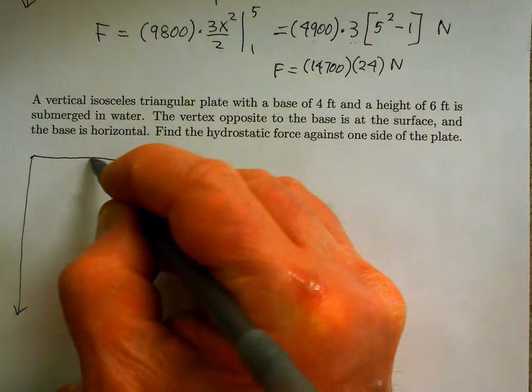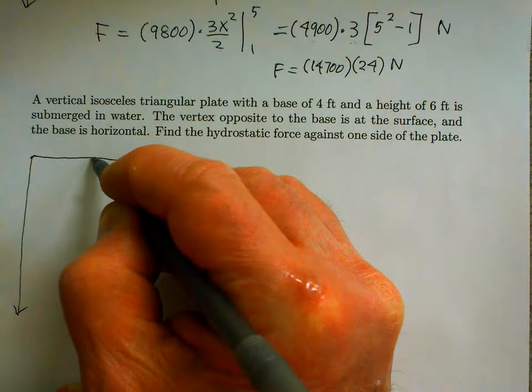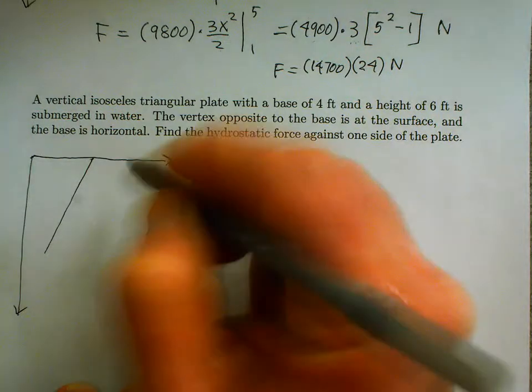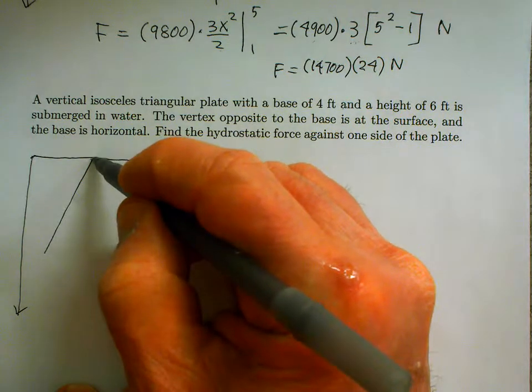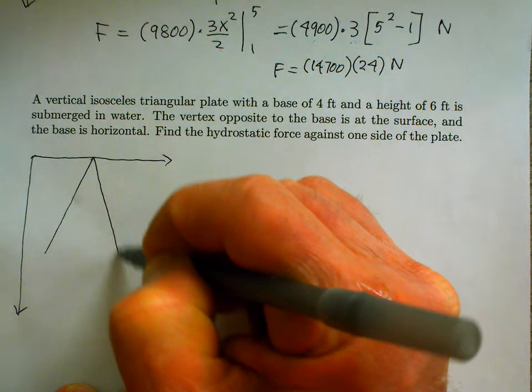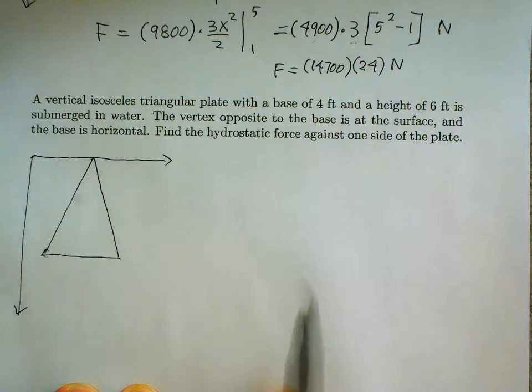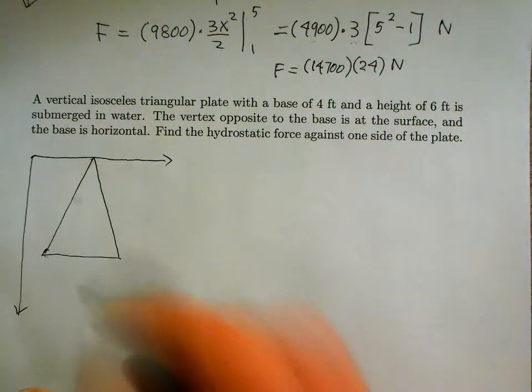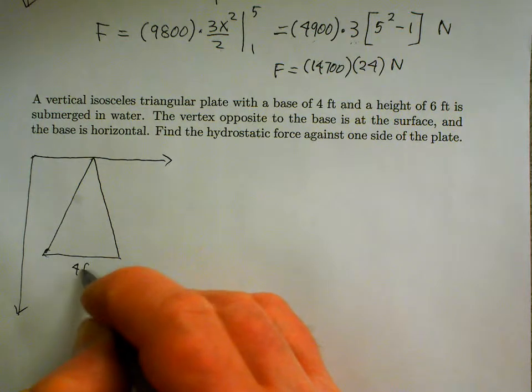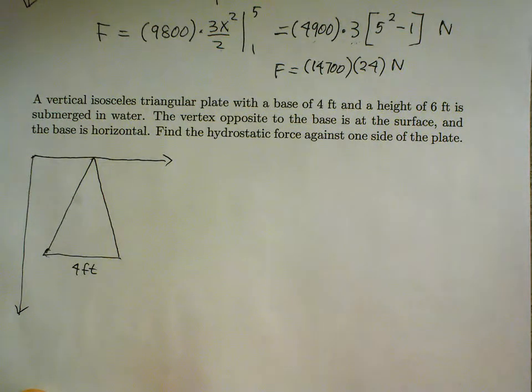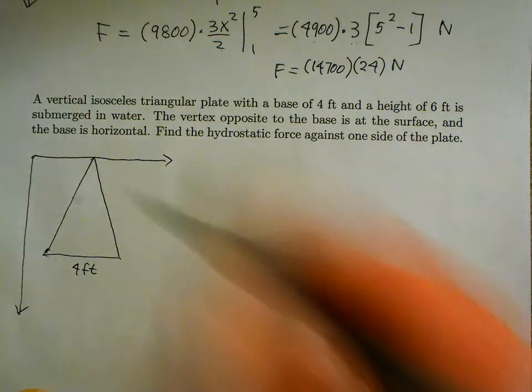So we have an isosceles triangle where one vertex is at the surface of the water. The base, 4 feet, is opposite that vertex.